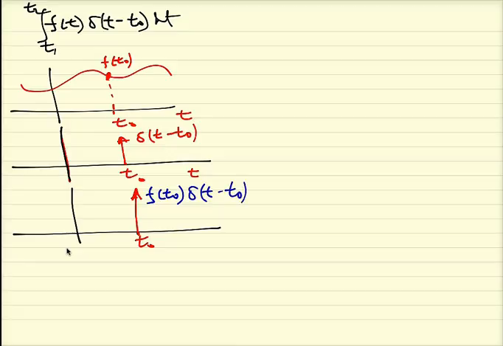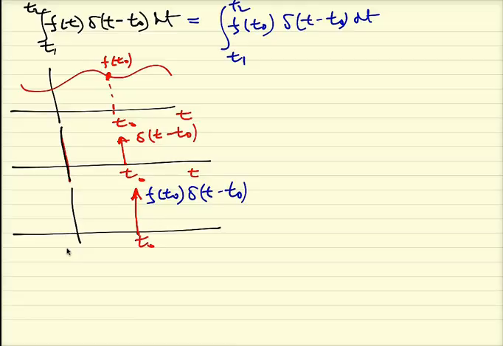So you can write this integration as the integral of f(t naught) delta(t minus t naught) dt from t1 to t2.